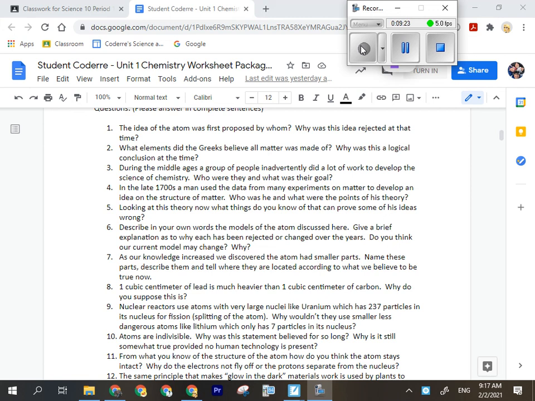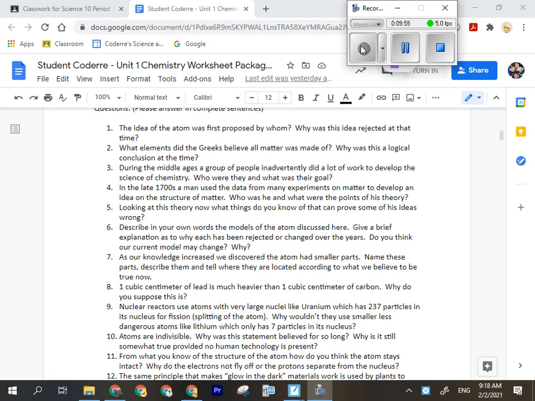Thomson came along and discovered electrons. Solid sphere model doesn't explain where those come from or what they are, so he made the plum pudding model that had the solid sphere still being positively charged with small negative charges embedded in it that he called electrons. Then Rutherford came along and he performed his gold foil experiment, and Rutherford discovered that the atom has actually got a central dense nucleus surrounded by electrons.